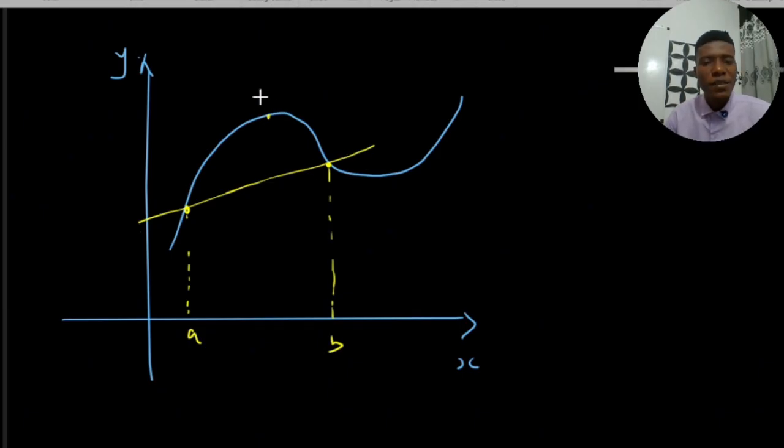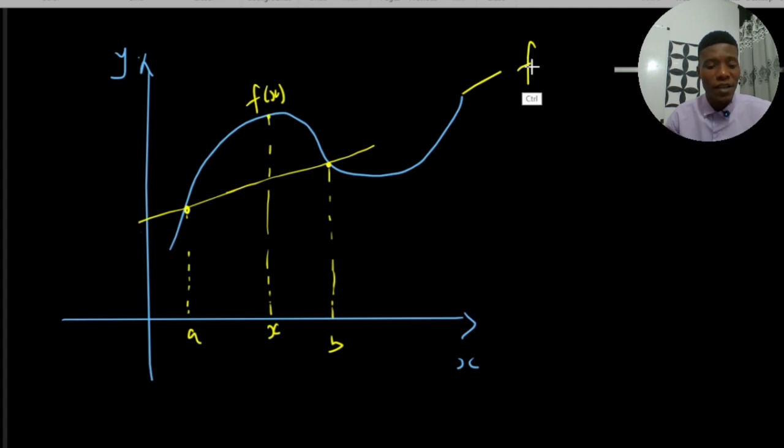Now, this is my f of x, this is my A, and this is another number, that's C. When x is C, this is the point. Now, I want us to do something. This curve is our f of x, which is already here.